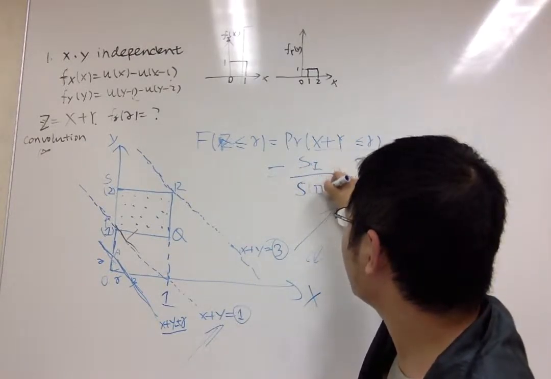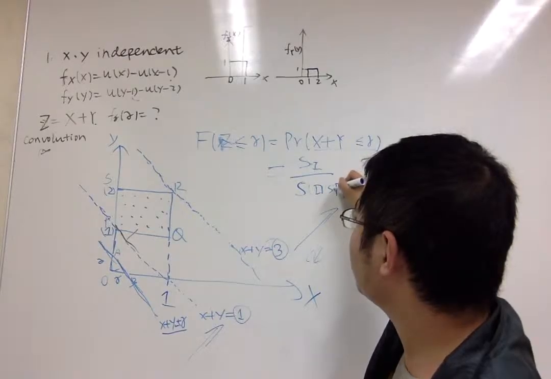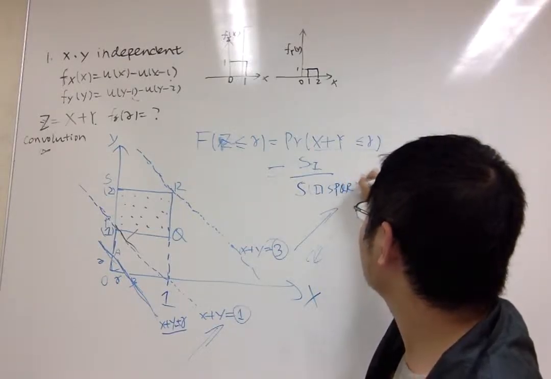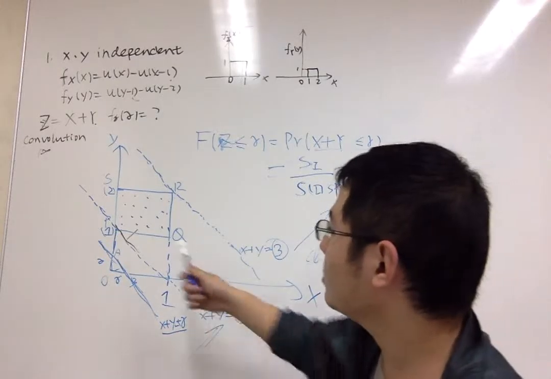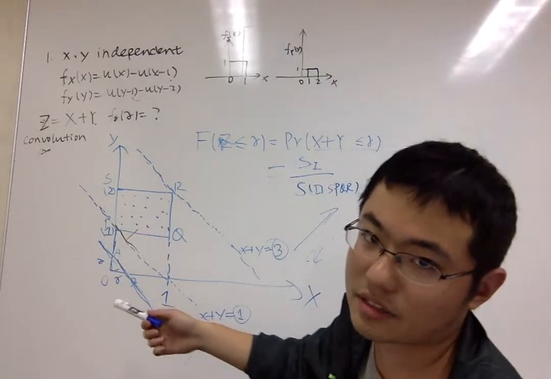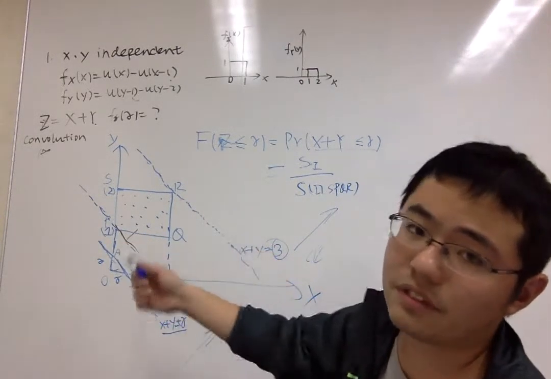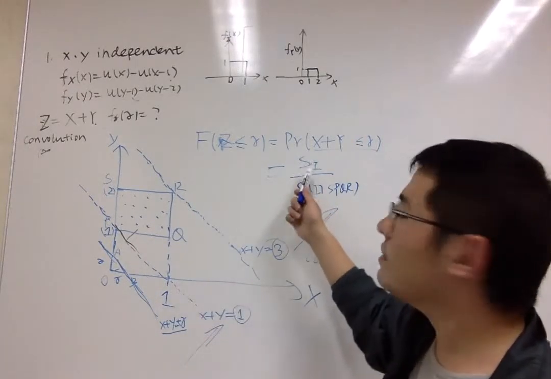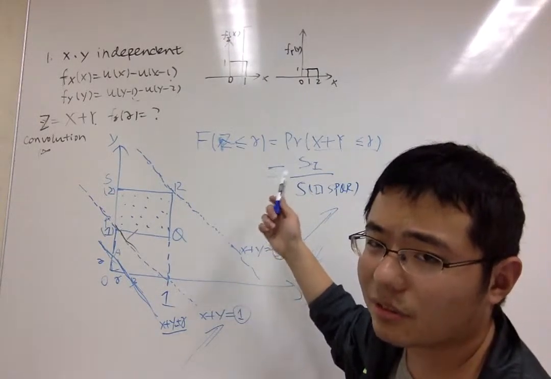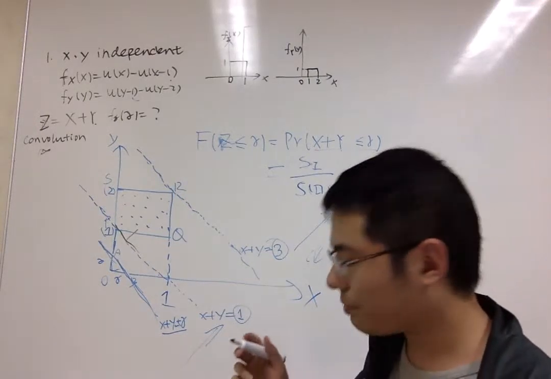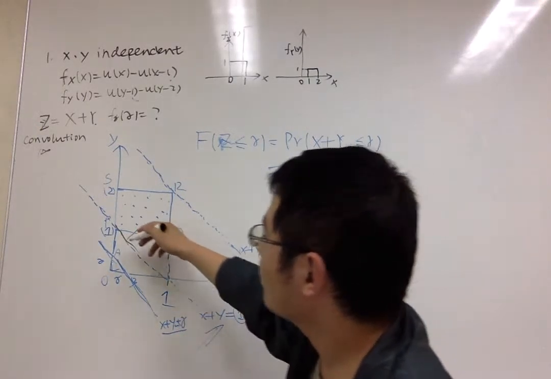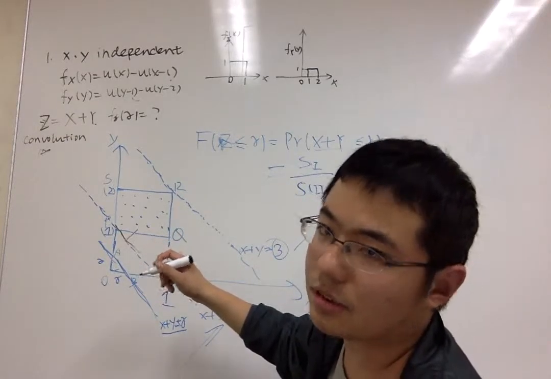We just simply write S P Q R. Well, the denominator we could easily calculate. It's just 1 multiplied by 1. So the area of the square is actually 1. What about the area of the probability we're caring about? Okay, that needs a little trick.